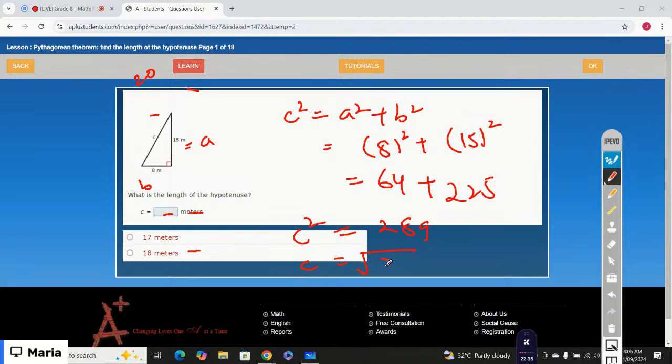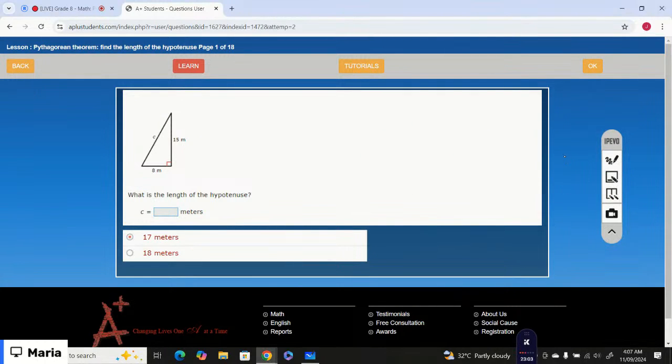You need to calculate C, so that means square root of 289, which is 17. So the correct option is 17. Option number 1 is the correct option.